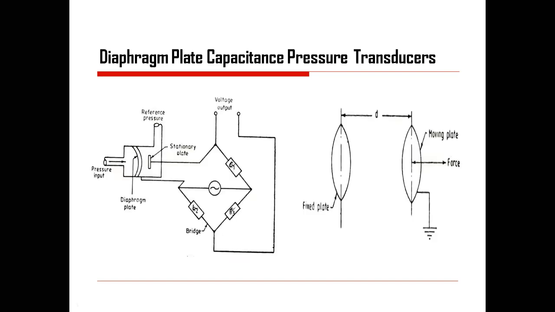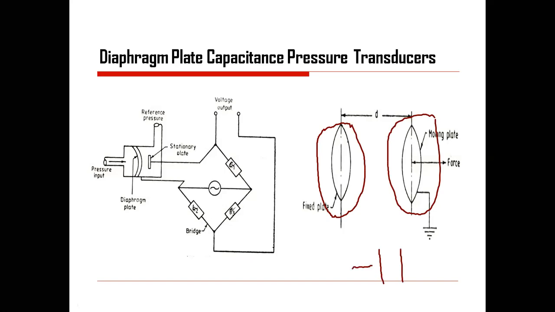Now, the diaphragm plate capacitive pressure transducer. We have seen the concept of the capacitive type of pressure measuring device, and this is one of them. Suppose this plate is the fixed plate and this one is the moving plate, and the normal structure is like this.